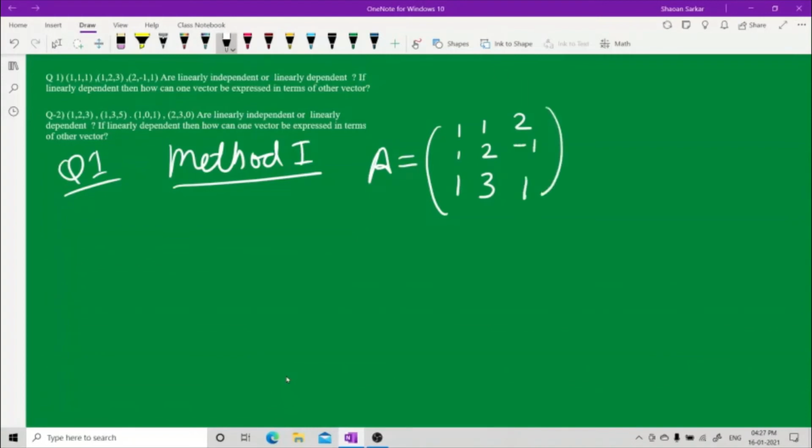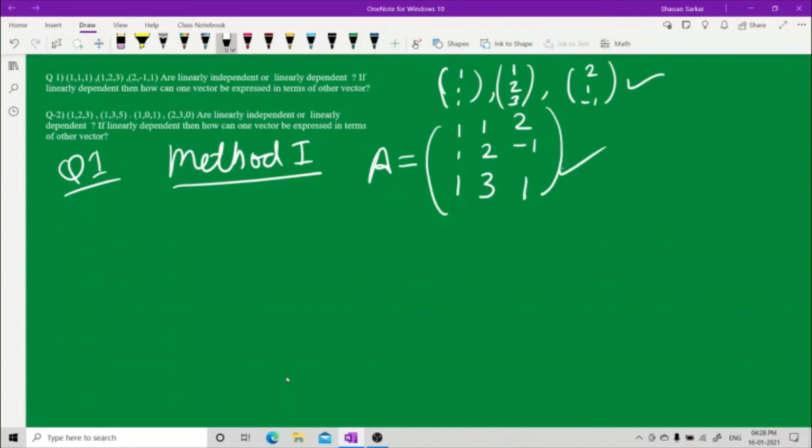Now see, if these vectors 1 1 1 and 1 2 3 had been written in this manner, 1 1 1, then 1 2 3, and then 1 2 1 minus 1, you could have copied them in this manner only.